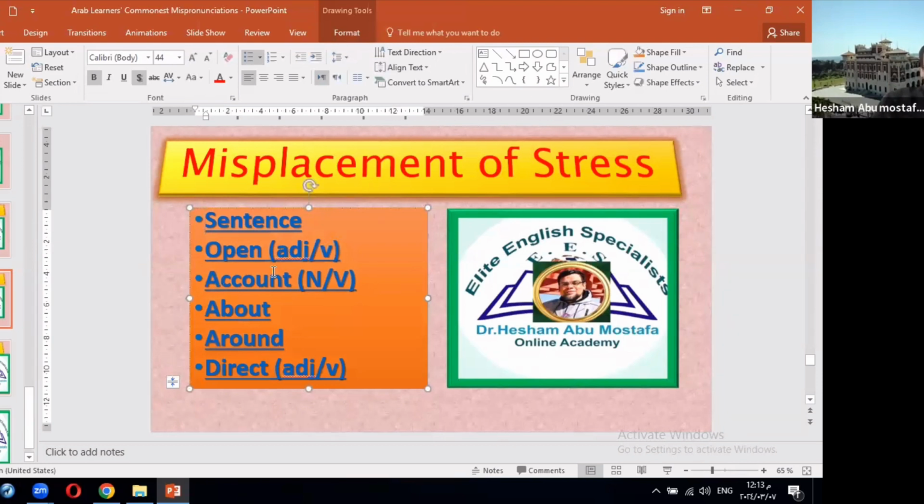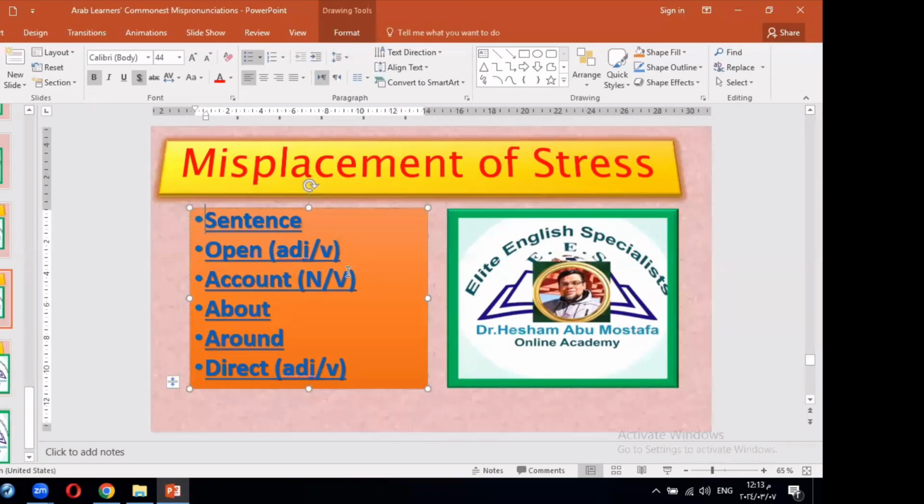Okay, account. Also, some students think that the part of speech must change it. Sorry for interrupting you. Is it open or open? Because most of us pronounce it open. No, open. Yes, thank you. Open.